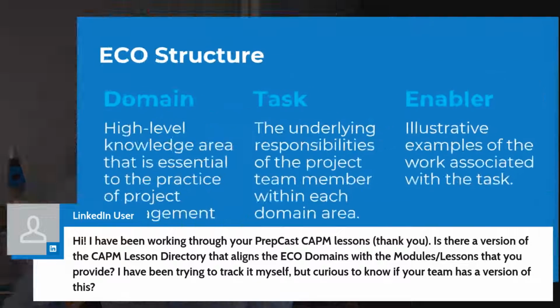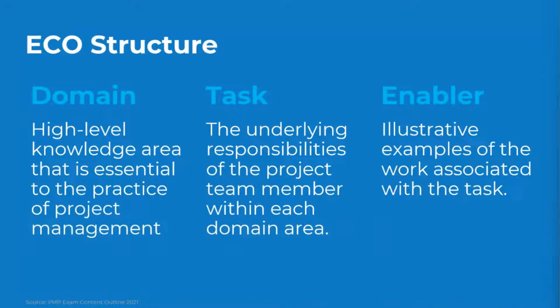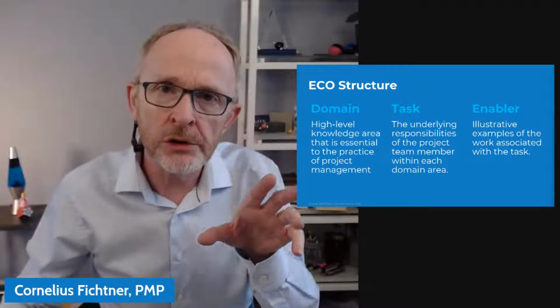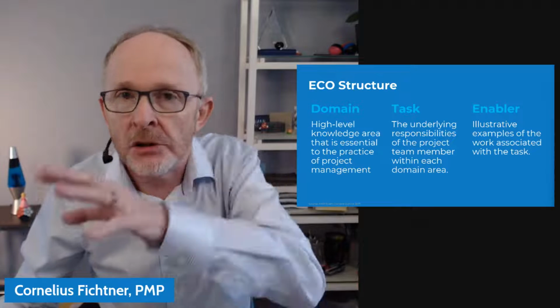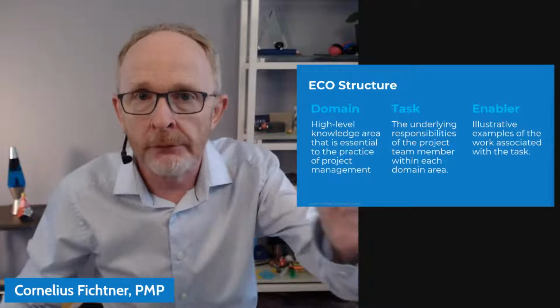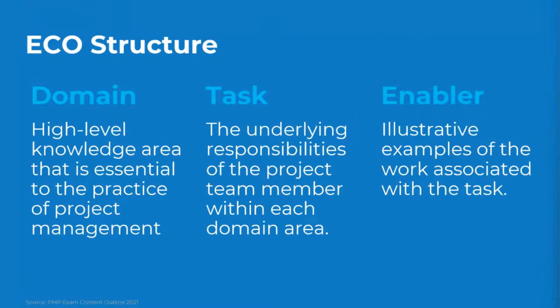However, that huge spreadsheet is not made available to the students. Most courses actually do it that way. Even if you take the PMI course for the CAPM exam, it is an introduction to project management that covers all the topics. Well, we'll talk about the coverage of the topics later on.